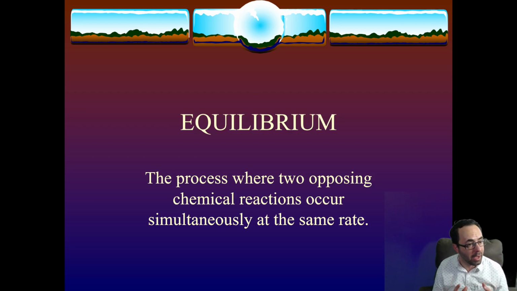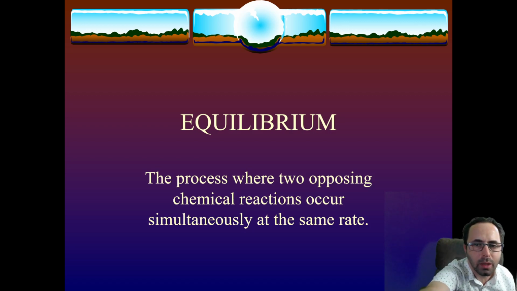What happens is reactants will begin to produce products, but then the reaction will begin to slow down because, as we learned in the last lecture, the smaller the concentration of reactants, the slower the reaction goes. So as the reactants are getting used up, the reaction is slowing down and slowing down. And then we're creating products, and those products can actually go backwards and turn back into the reactants.